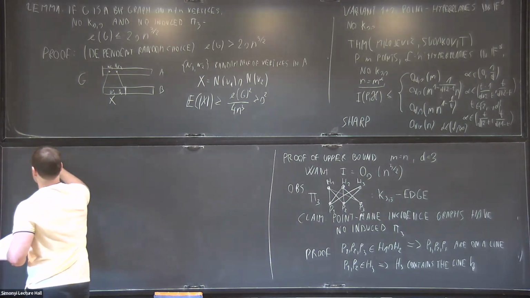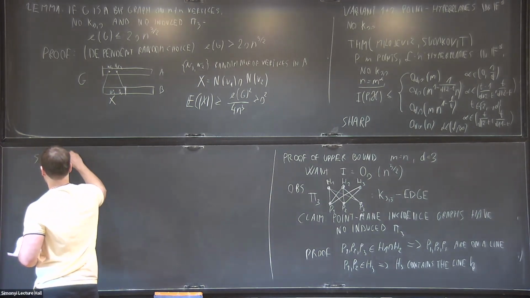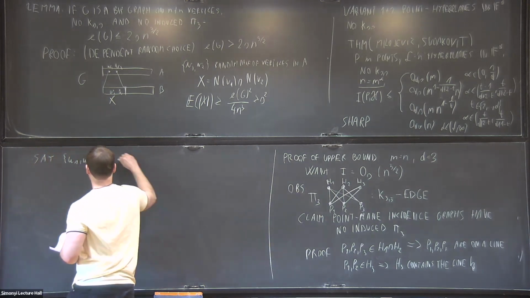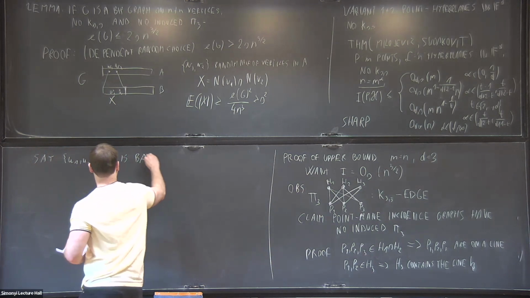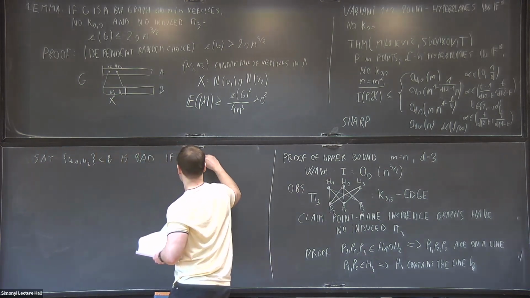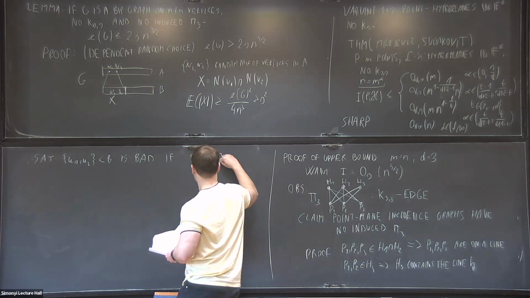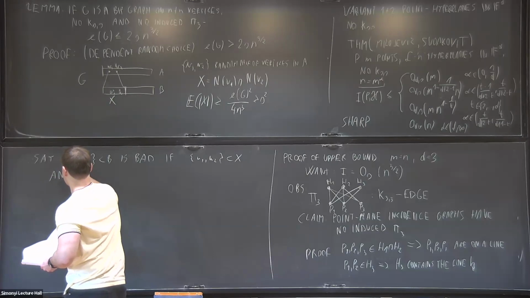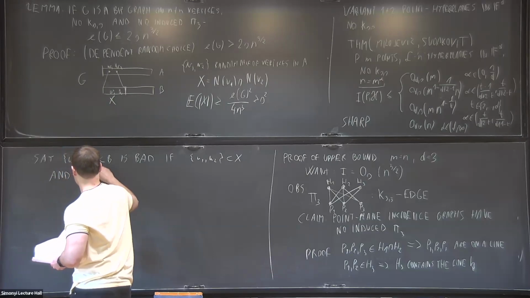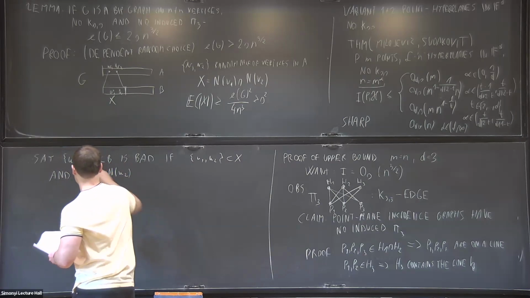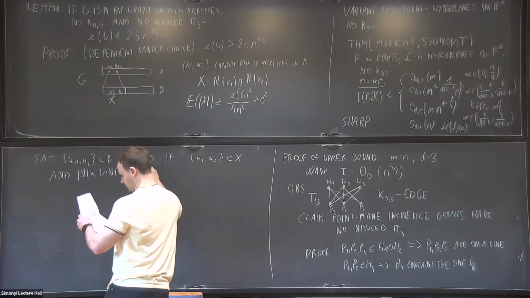So to say that a pair U1, U2 in B is bad if U1, U2 falls into X, and the size of the common neighborhood is less than, what do I need?